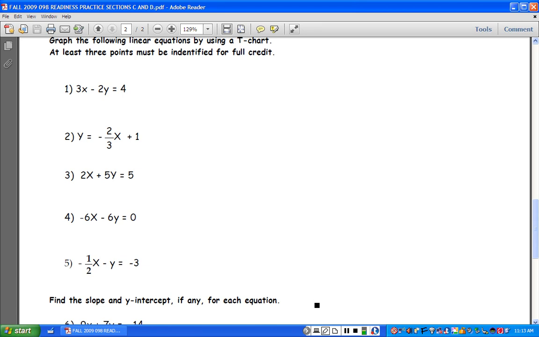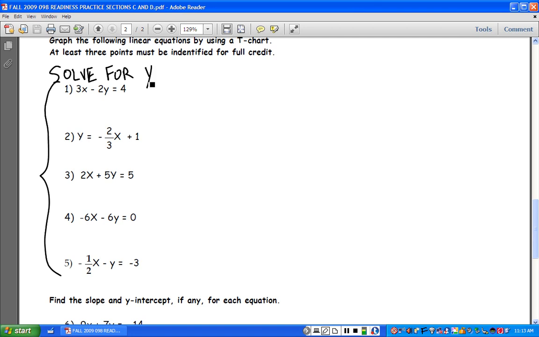Alright, now the first set of problems that we see here, 1 through 5, ask to graph the linear equations by using a T-chart. At least 3 points must be identified for full credit. So the main thing we want to know is when we're using a T-chart, for all of these problems, you want to solve for y.